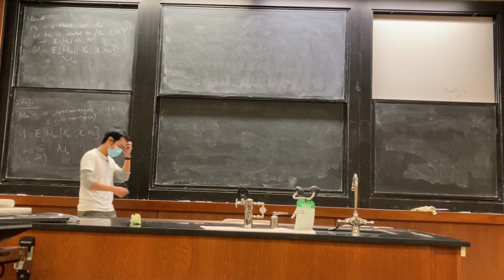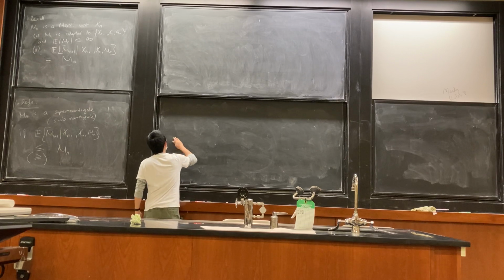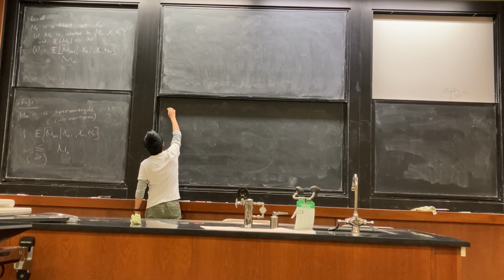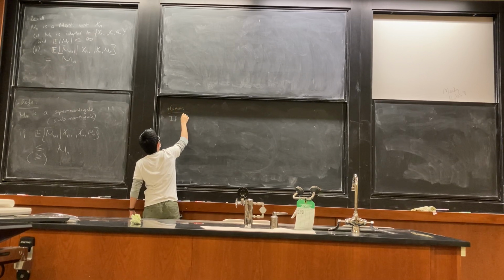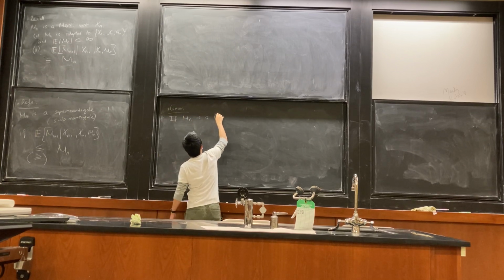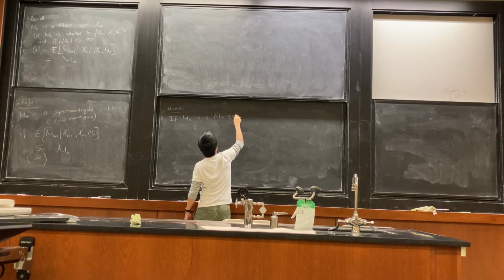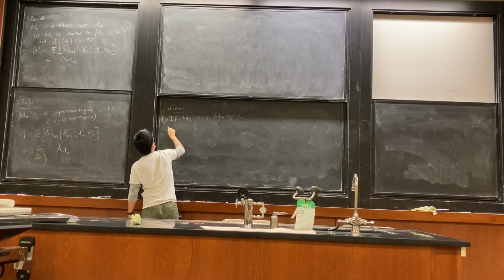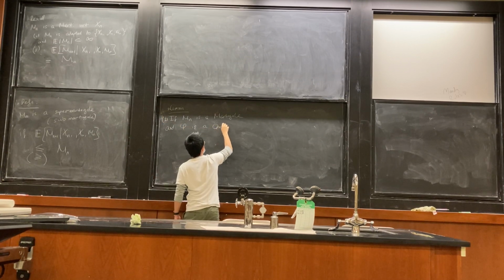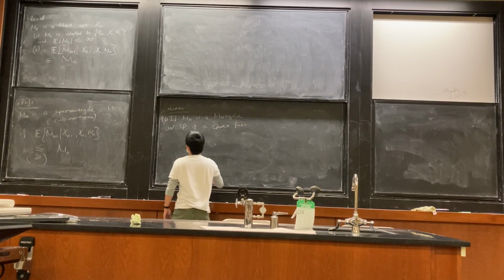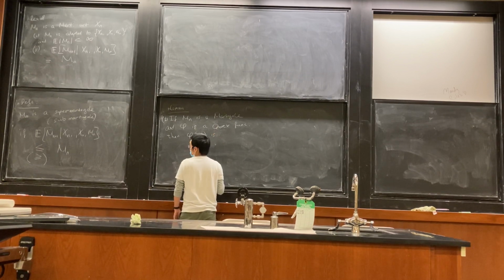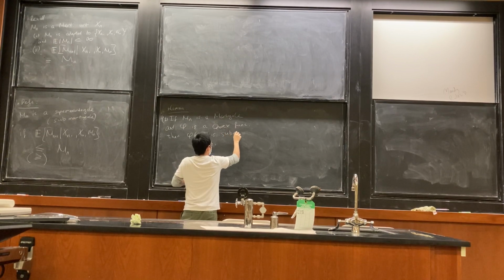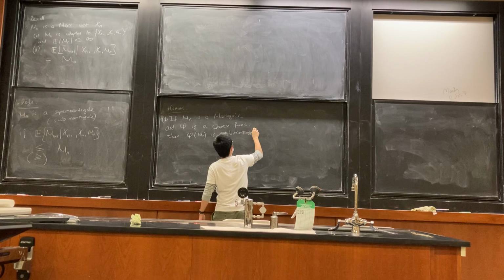To give an example, suppose Mn is a martingale, and number one, phi is a convex function. Then phi of Mn is a submartingale.